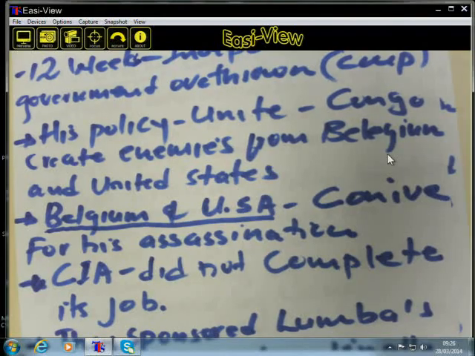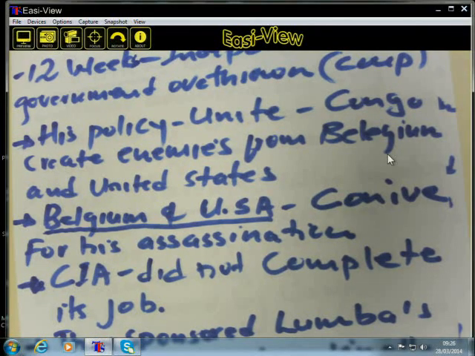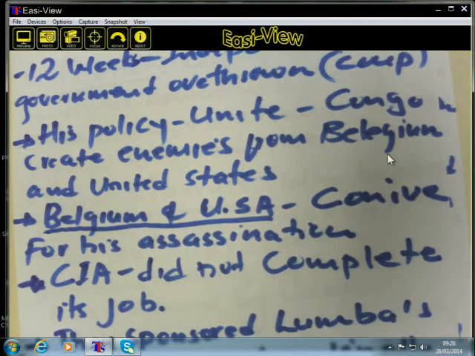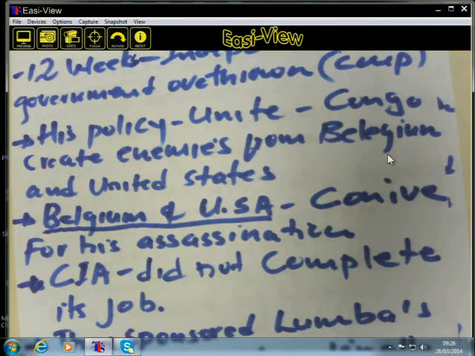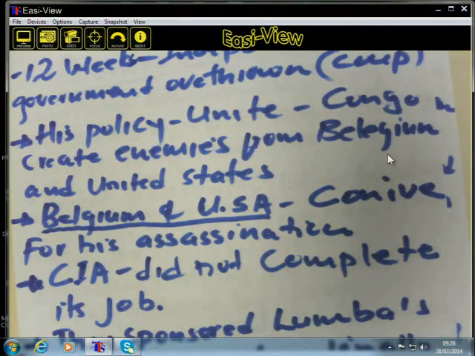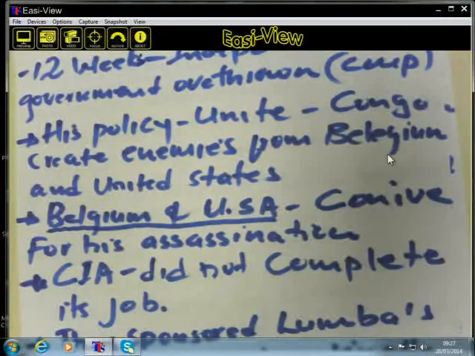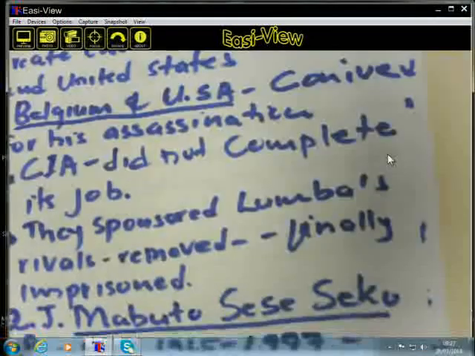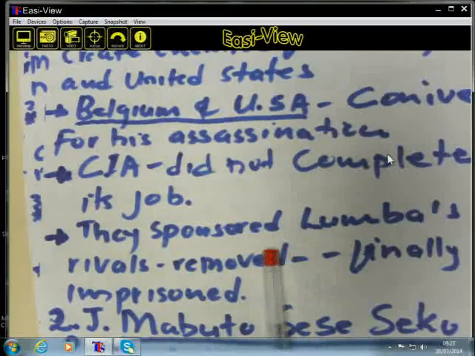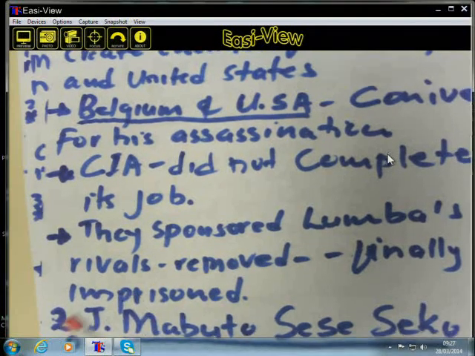I think you understand why the Belgians wanted to assassinate Patrice Lumumba. It is because of his policy of uniting the Congolese, mainly whereby he was totally against colonial involvement. So the USA and Belgium, because they had economic interest in Congo, formed a partnership, they connived to make sure that Patrice Lumumba was assassinated.